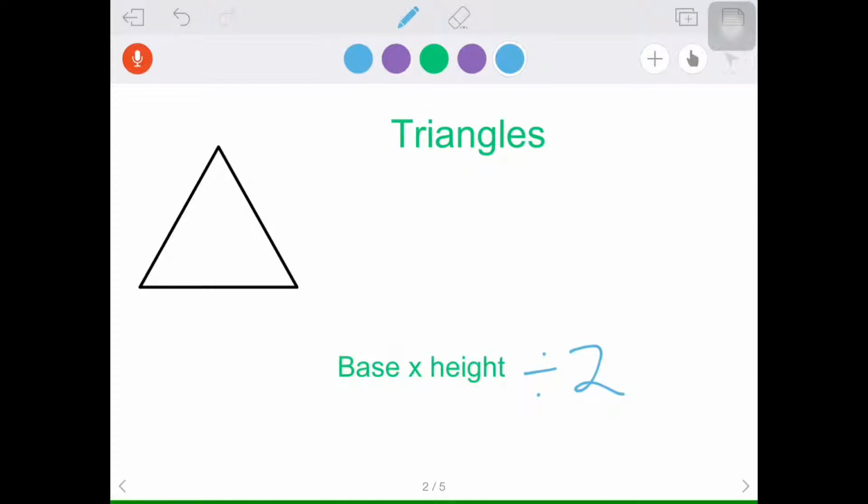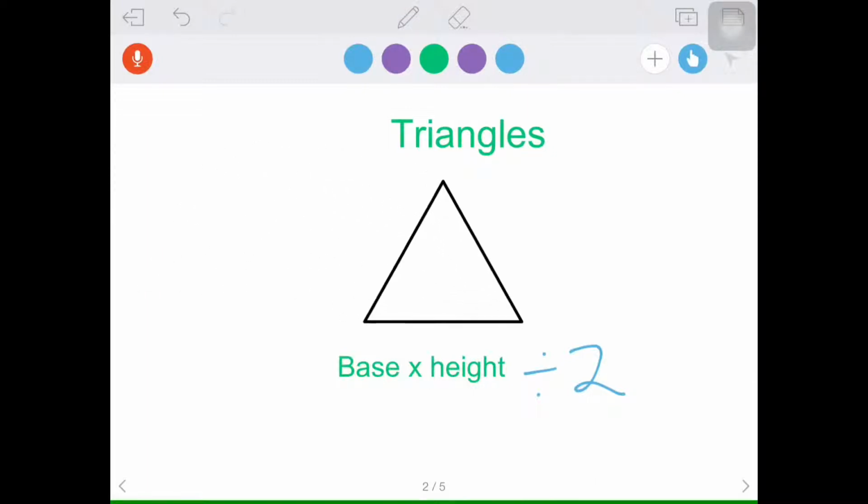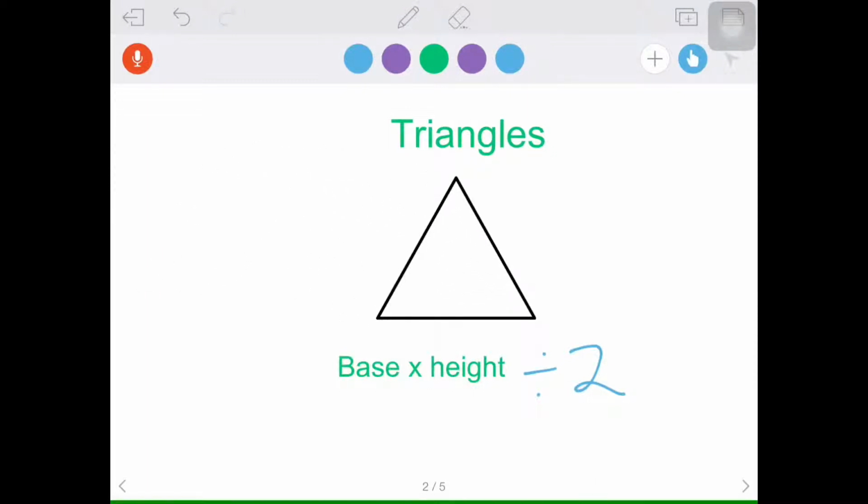So, as always, we're going to do an example. Let's say our height is 7 and our base is 6. We're going to be doing area because perimeter is just adding all of them up. So, let's do some area.